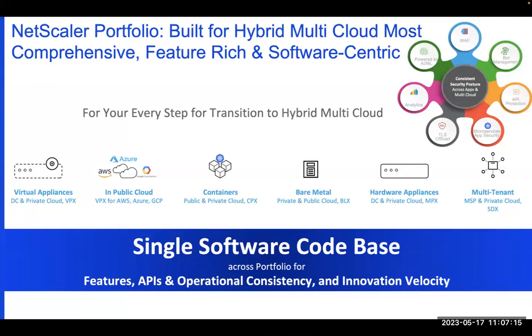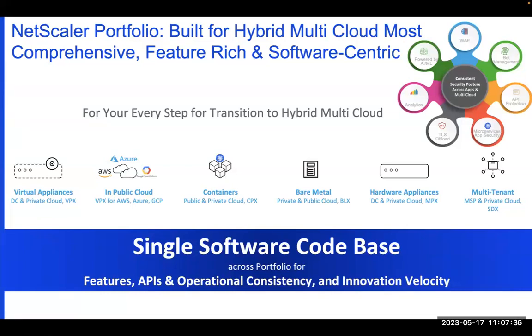As you can see from the left to the right, our firmware works on virtual appliances in VPX. Our same firmware can also run in the major public clouds like Azure, AWS, and GCP. We also run the same firmware on containers platform, meaning our CPX appliances.